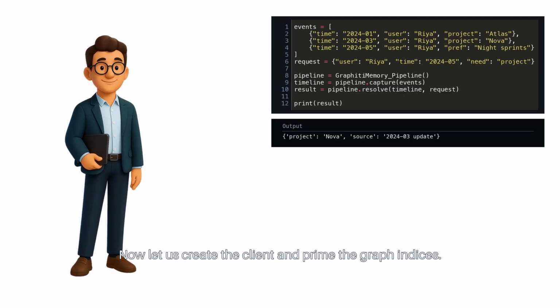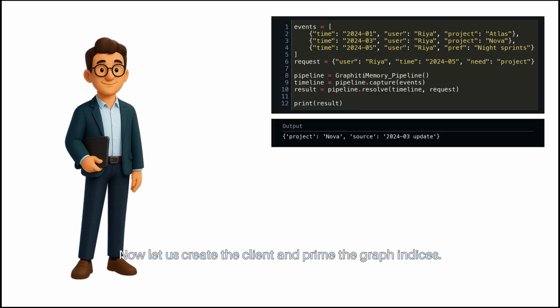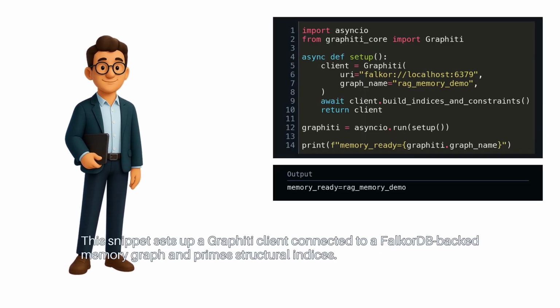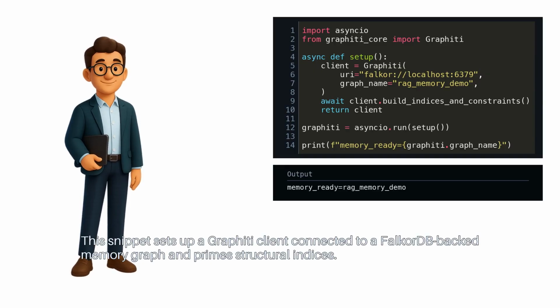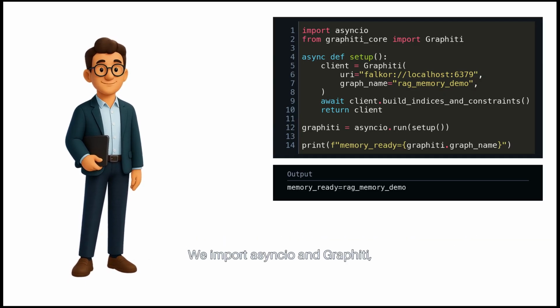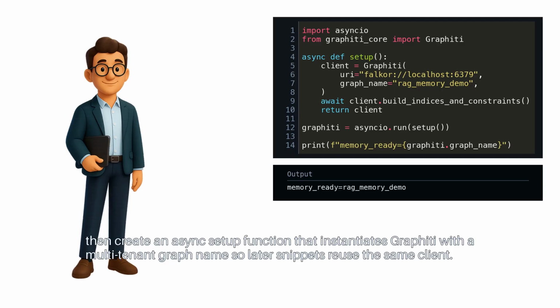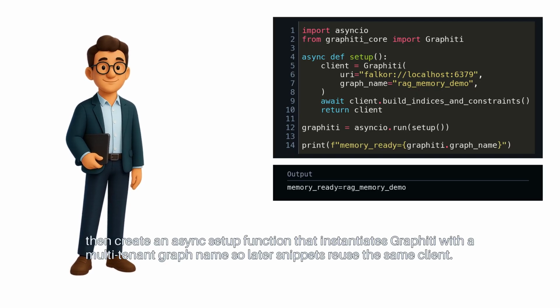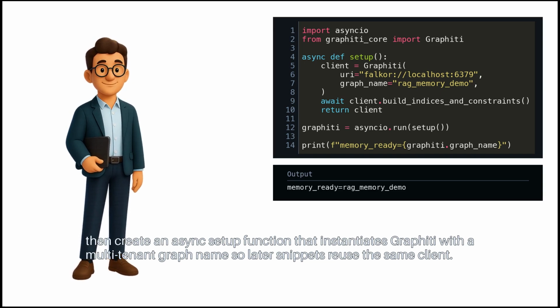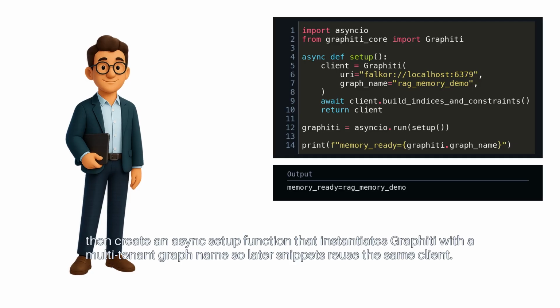Now let us create the client and prime the graph indices. This snippet sets up a Graphiti client connected to a FalkorDB-backed memory graph and primes structural indices. We import asyncio and Graphiti, then create an async setup function that instantiates Graphiti with a multi-tenant graph name, so later snippets reuse the same client.